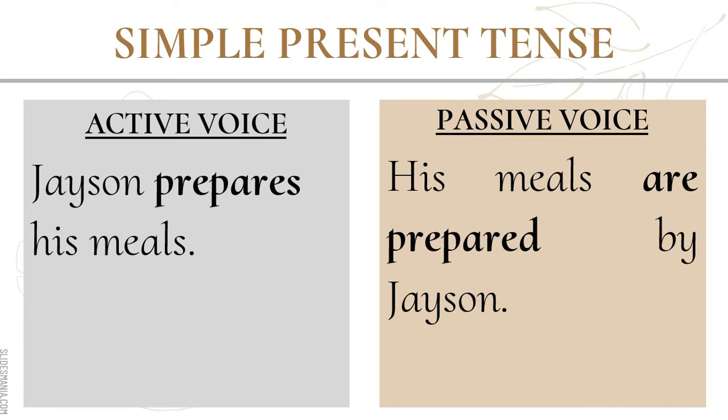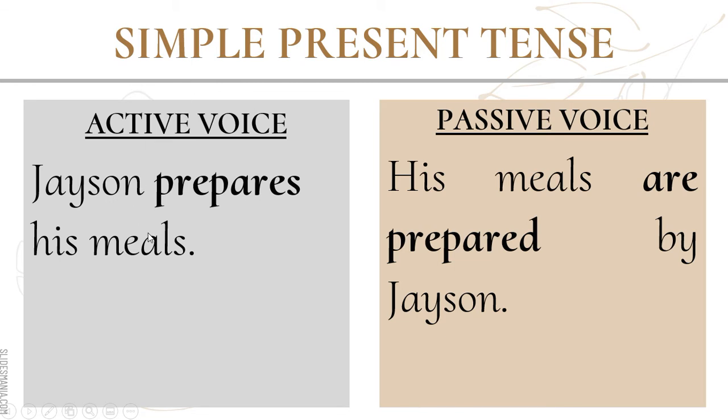So, simple present tense. Active voice. Jason prepares his meal. So, we have here the subject. And what is the subject? That is the name Jason. And what is the action? Prepares. Okay? That is your verb. And the word prepares is in what form?